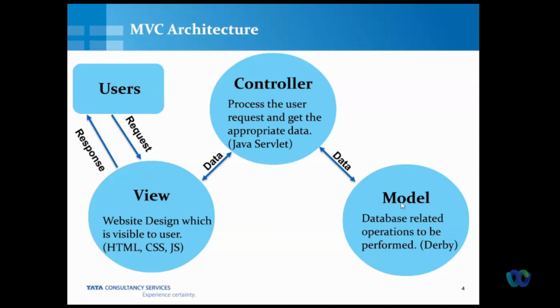After getting the required data from the model, the controller tells the view which operation to perform, or which UI to display. The data received from the controller is sent back to the user as a response. So this is the working of MVC, which is model view controller.